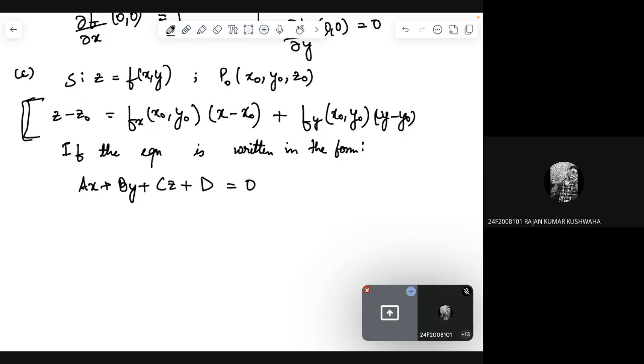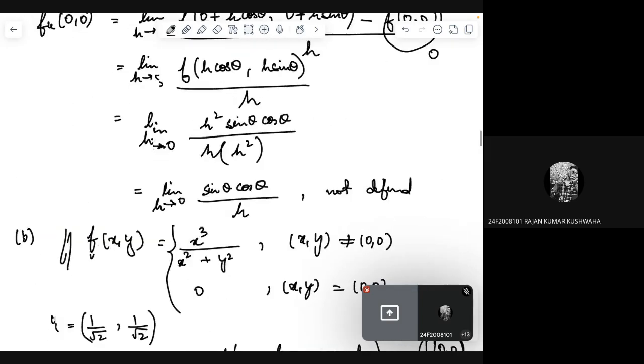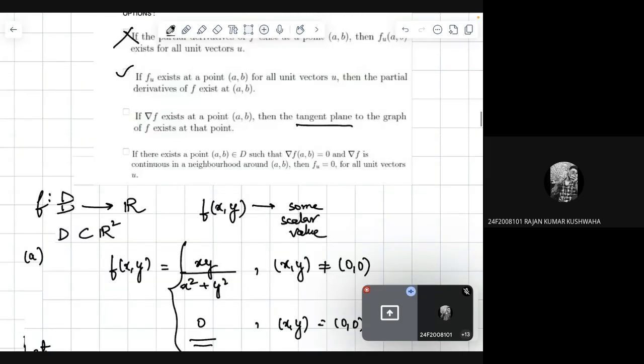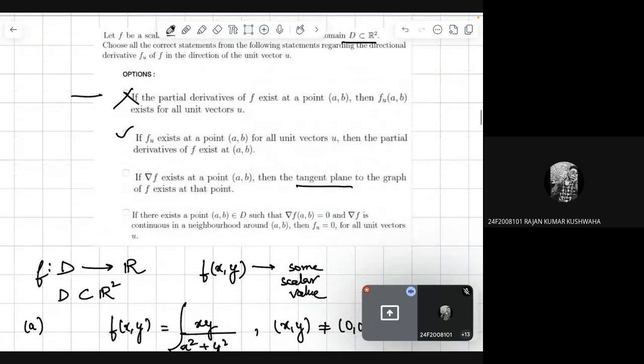Now we are saying that the gradient of this exists. Gradient exists means partial derivative exists, but look at the first option where we saw using an example that when the partial derivative exists then the directional derivative may not exist.